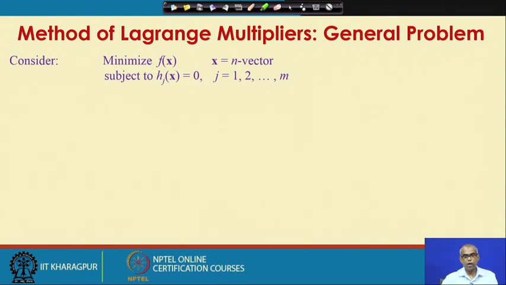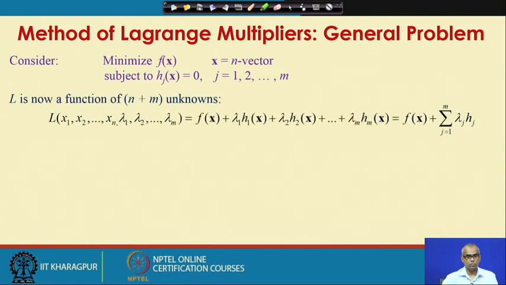What happens when you have a general problem? So, you have x as an n vector and m number of constraints. You simply extend whatever we have learned for the two variable, one constraint problem.